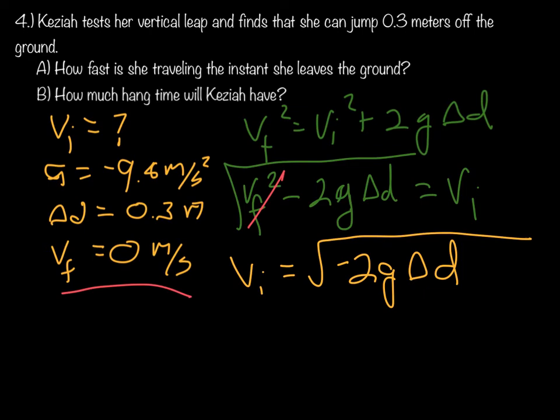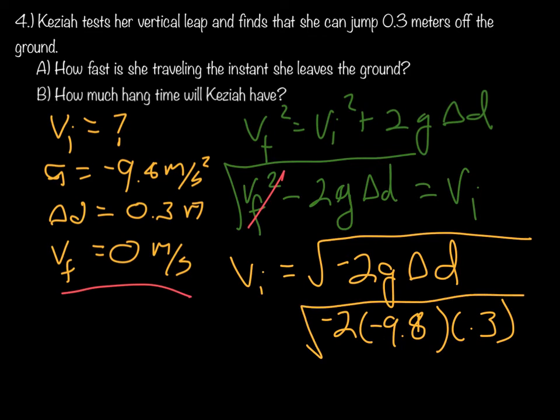Now, you might be thinking, well, I can't take the square root of a negative. Remember, little g is negative, so those negatives go away. So I plug in my numbers of negative 2 times a negative 9.8, which gives me a positive number, times my delta d of 0.3, and then I take the square root of all of that to get my Vi.